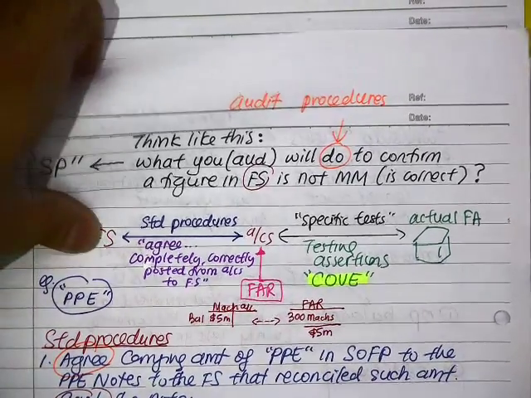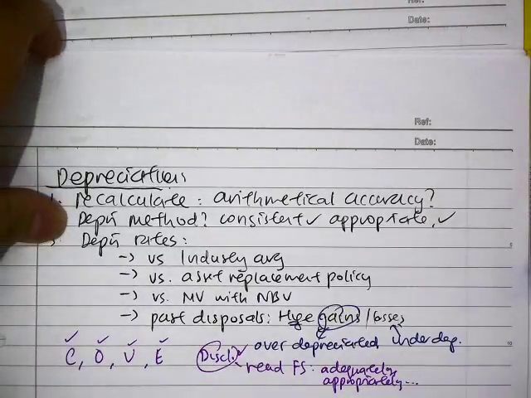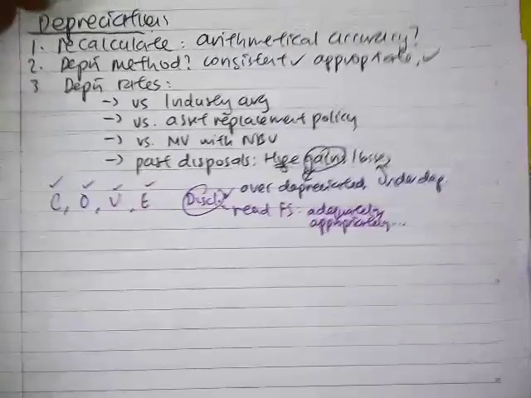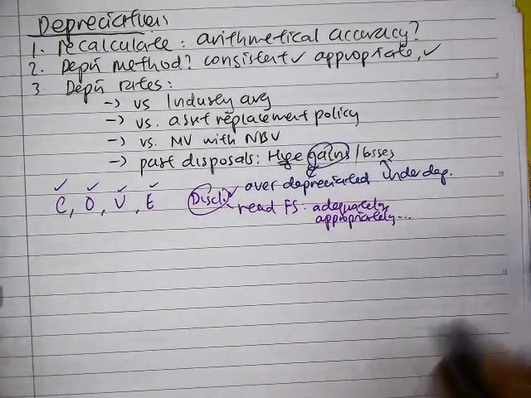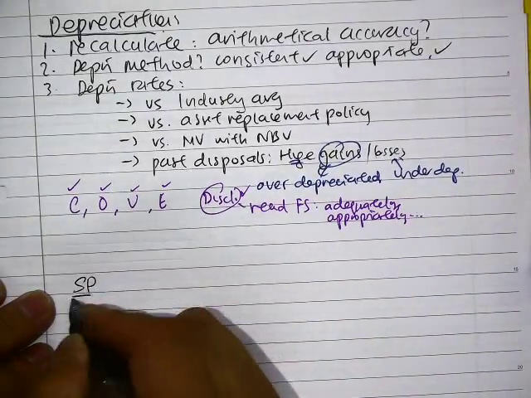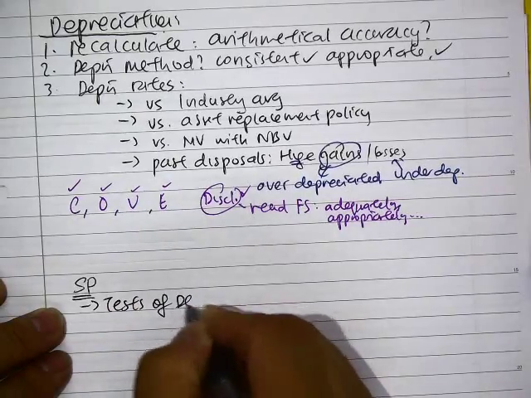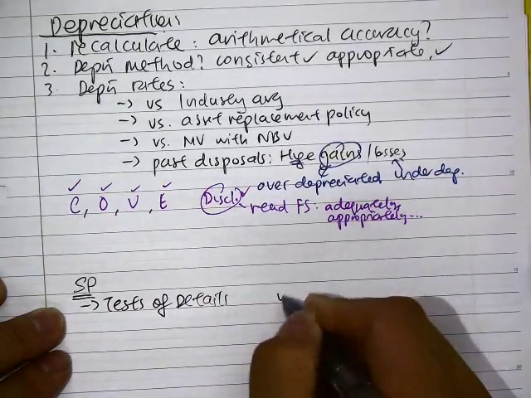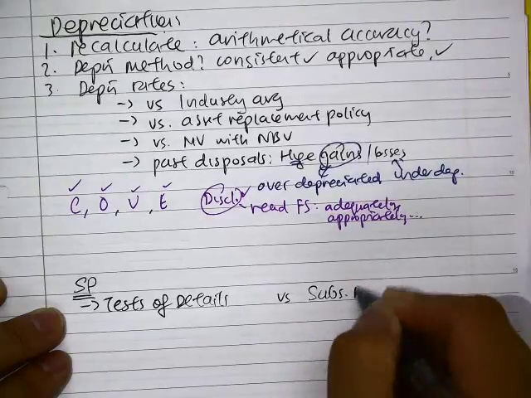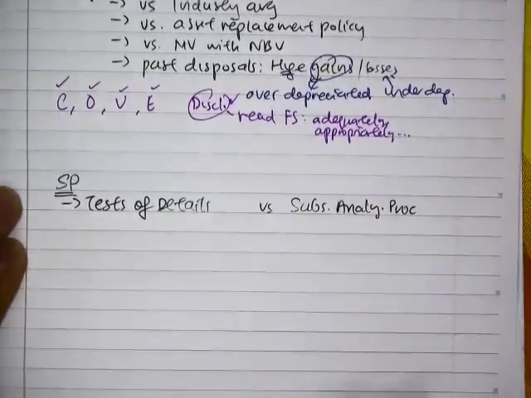Okay. Now, but there's one thing that again I need to let you all know. See, a lot of times students always say that they get very confused between test of detail and substantive AP.